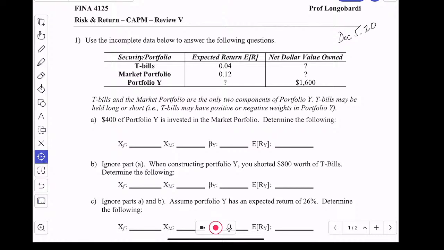So we begin with $400 invested in the market portfolio, of a total of $1,600. What does that tell me about the weights and the risk and return of the new portfolio?